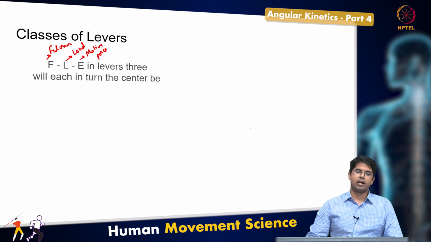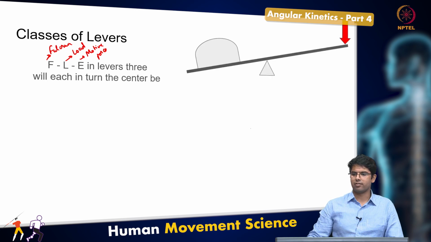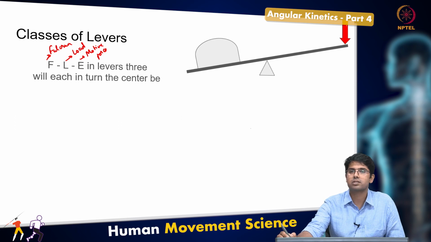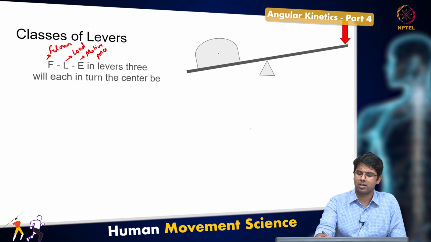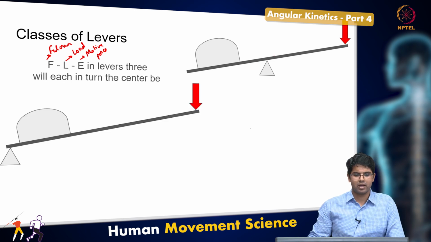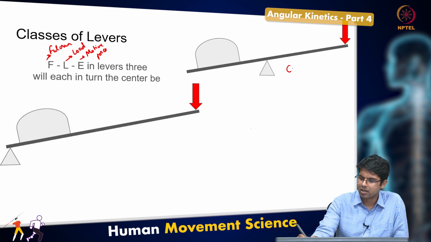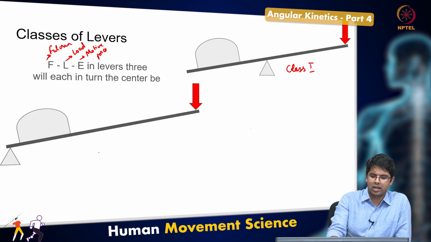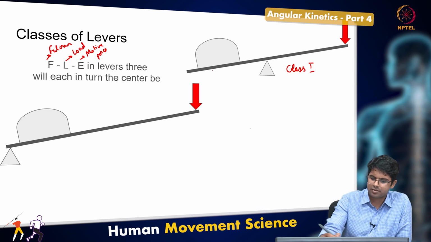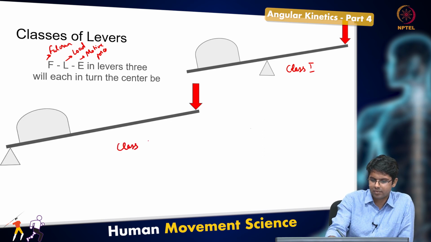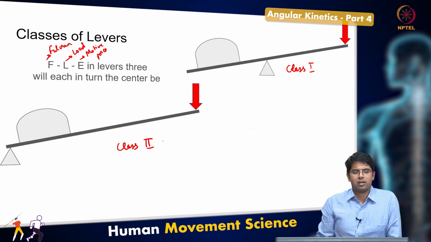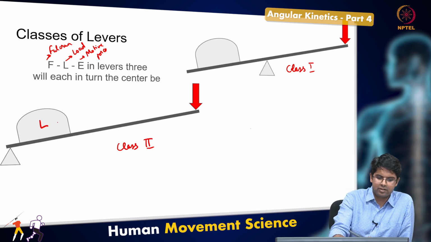So in first class of levers, the motive force and resistive force are on the opposite ends and the fulcrum is in the middle. Okay. So this is class 1 of levers. In class 2 of levers, the load is in the center, right?